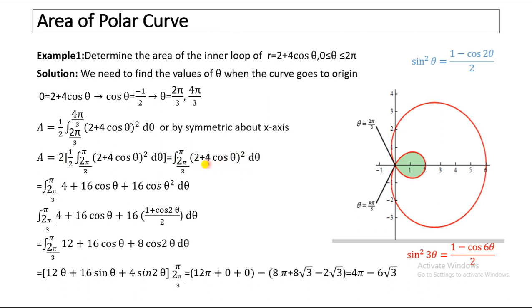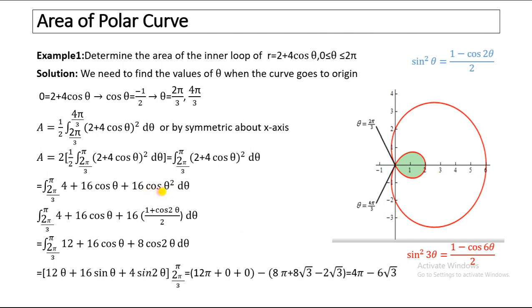Open this: 4 plus 16 cosine theta plus 16 cosine square theta. The first terms are easy to integrate, but cosine square theta I can't integrate directly because the derivative does not exist.